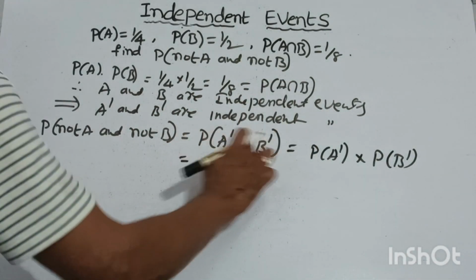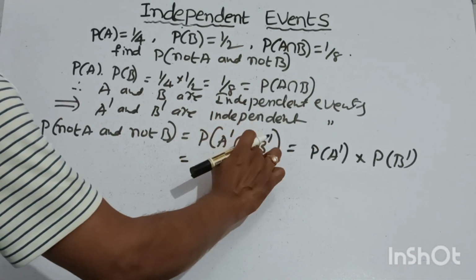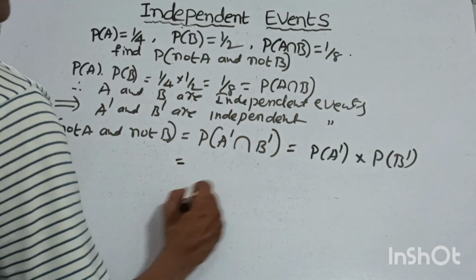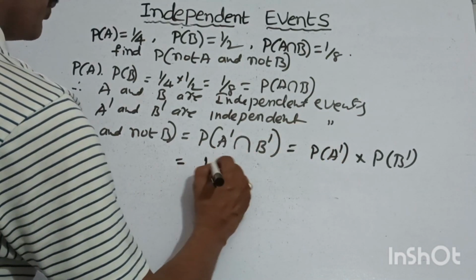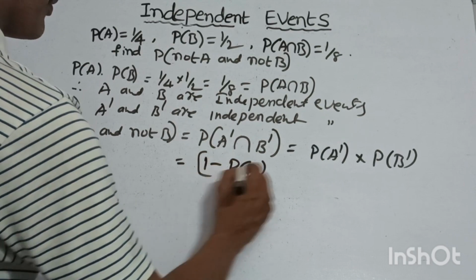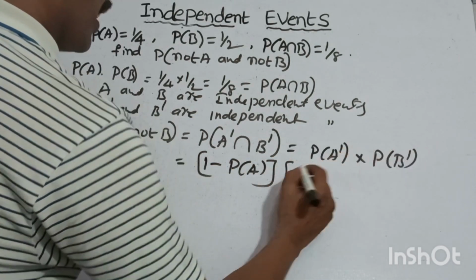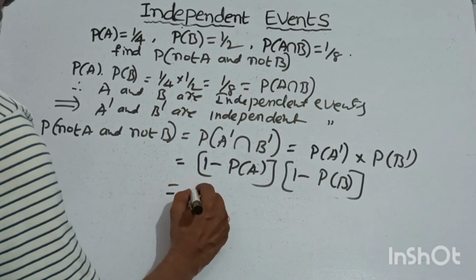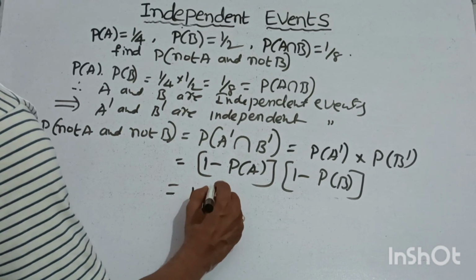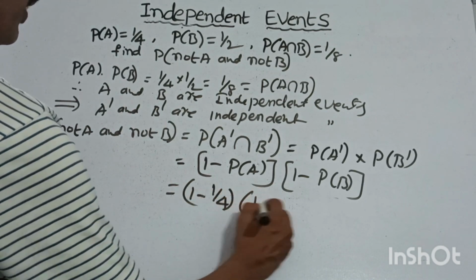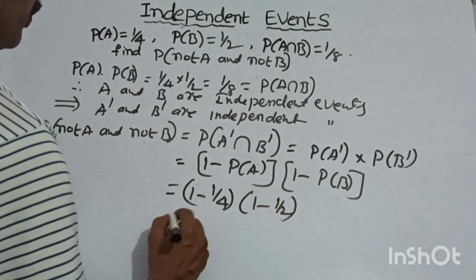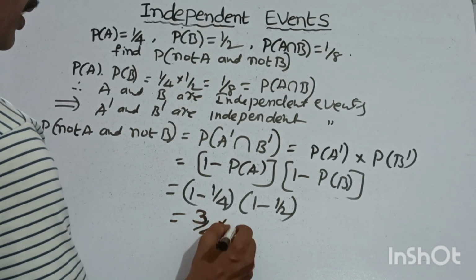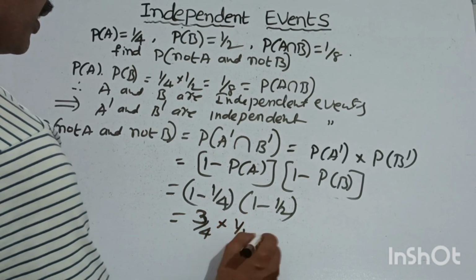Probability of A complement is 1 minus probability of A, into probability of B complement is 1 minus probability of B. So this is 1 minus 1 by 4 into 1 minus 1 by 2. 1 minus 1 by 4 is 3 by 4, into 1 minus 1 by 2 is 1 by 2.